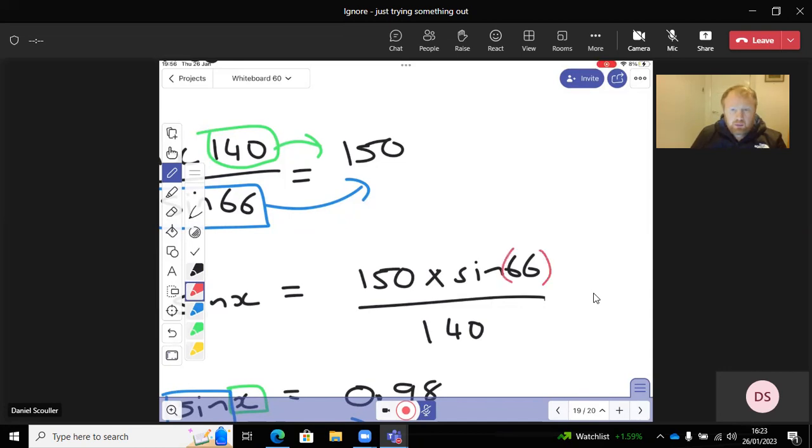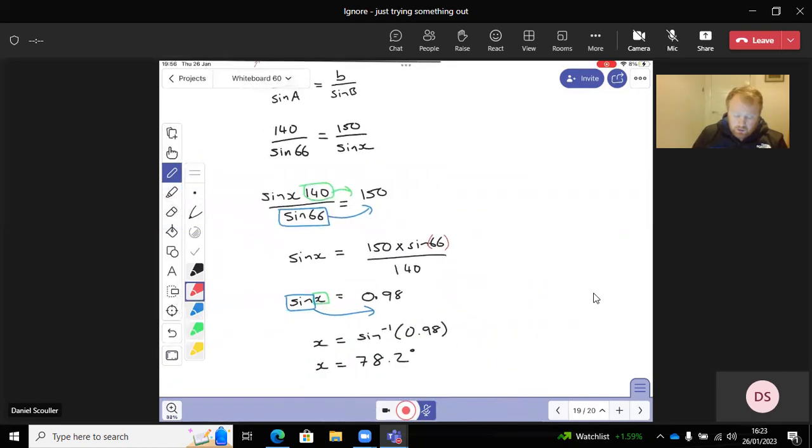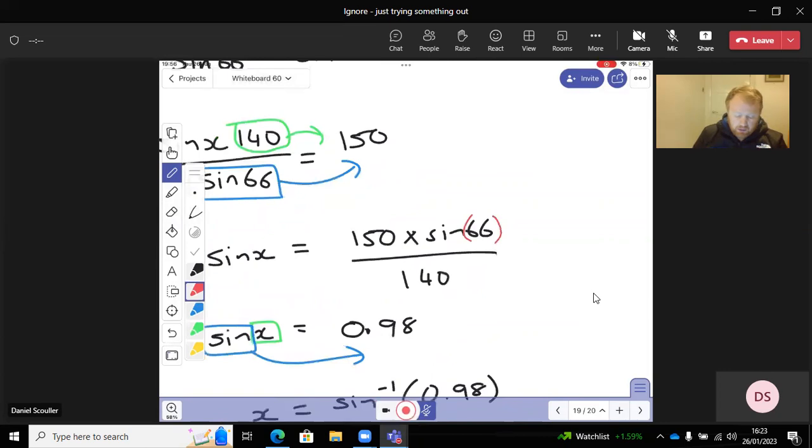In your calculator, it'll probably show it as brackets there. And again, in your calculator, if you want to just make it clear in your head, I sometimes put brackets on anything. If I know it's on the top line, I'll just make it tidy in the calculator and put brackets around it. Again, your calculator should be smart enough to know which order to do it in, but it just makes it clearer in my head when I'm putting it into the calculator itself.